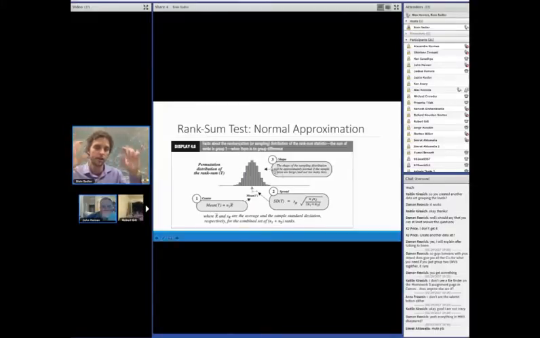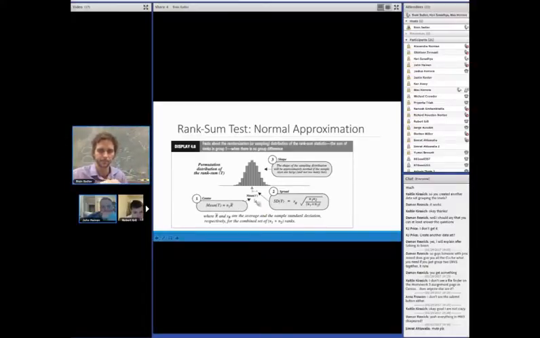Most of the time, the sum will be right around some mean value, and that mean value will be right about n_j times the average of the ranks, where n_j is just the number of elements in that group. For ours, new method had 4 and old method had 3, so you would pick new method, and this would be 4 times the average of the ranks.